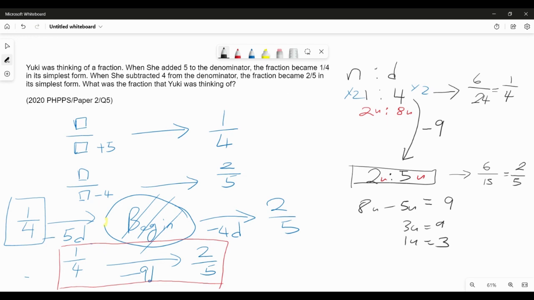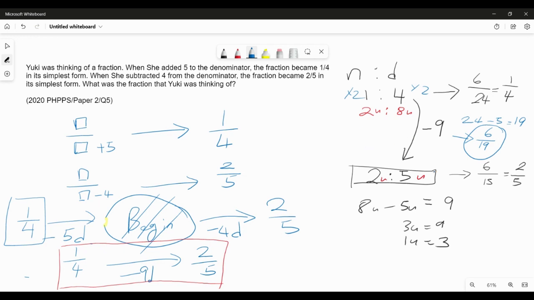So this is my beginning fraction. Just take either one of them, reverse the process, and you'll find your beginning fraction. Let's look at the 1 quarter. If we add 5 to the denominator, it becomes 1 quarter. So now we subtract 5. 24 minus 5 will give you 19. The numerator remains unchanged, so the fraction is actually 6 over 19.